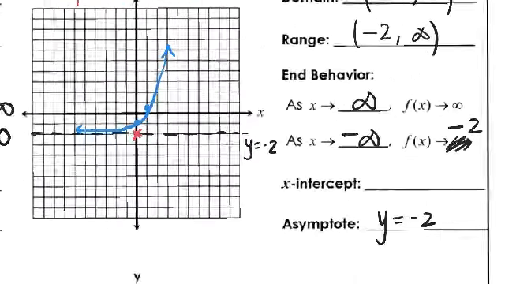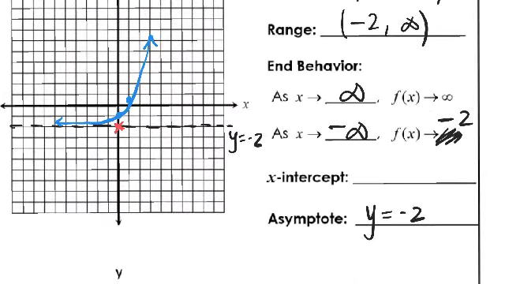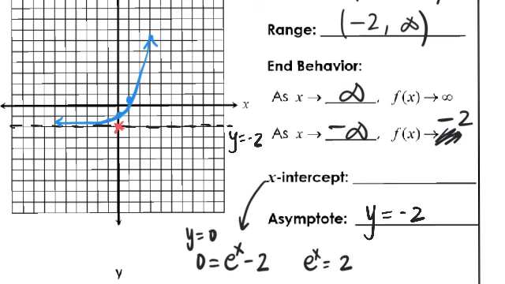Now, the x-intercept, you're going to put in 0 into your equation, right? So, for example, x-intercept means y equals 0. So we're going to say 0 equals e to the x minus 2. So then e to the x equals 2, and x equals ln 2, right?